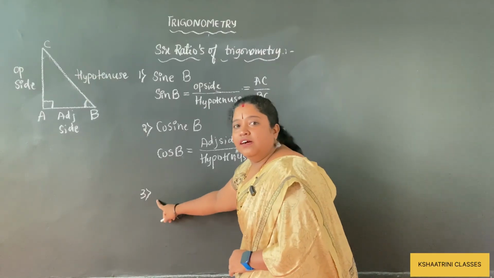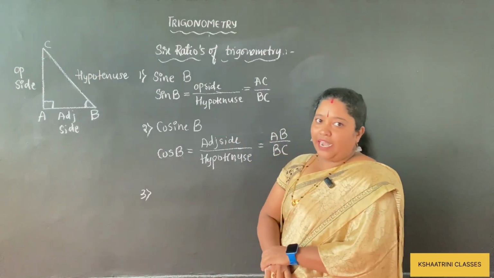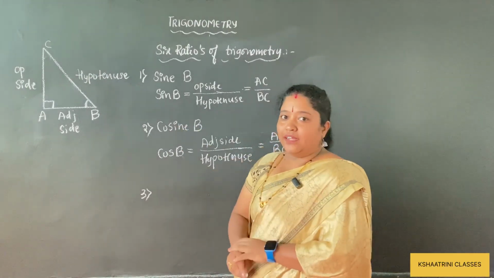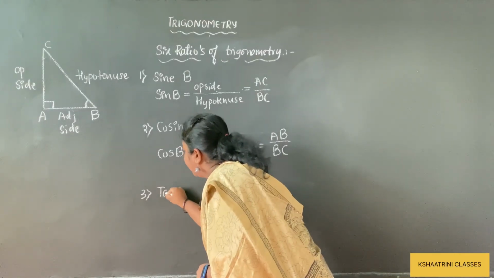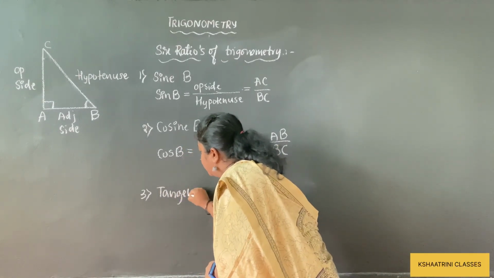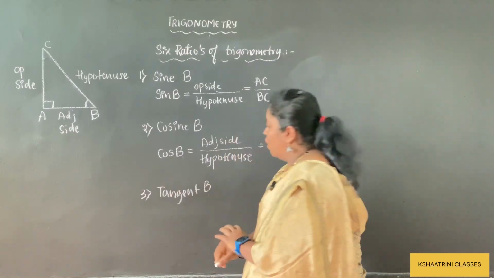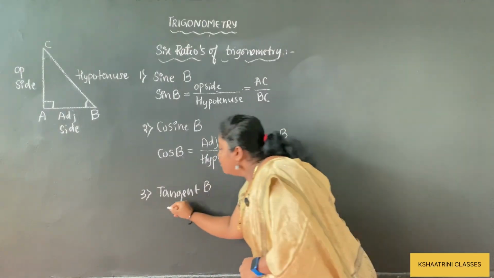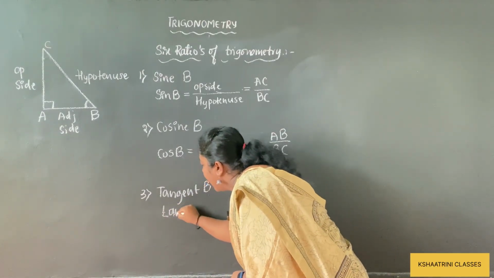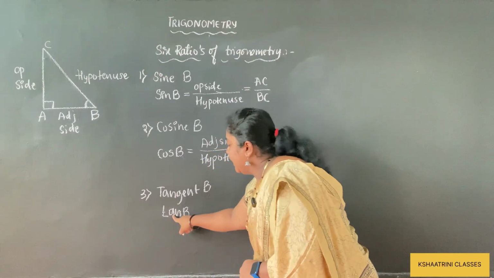The third trigonometric ratio that we are going to talk about with respect to angle B is tangent. Tangent of angle B, but in the short form we will write it as only tan B, T-A-N.